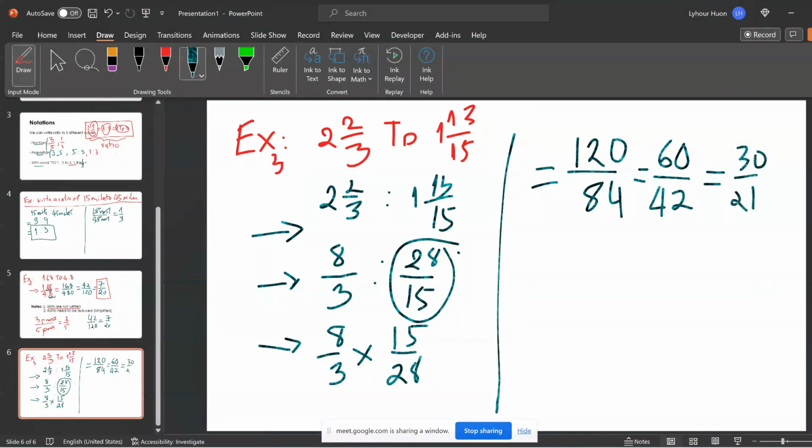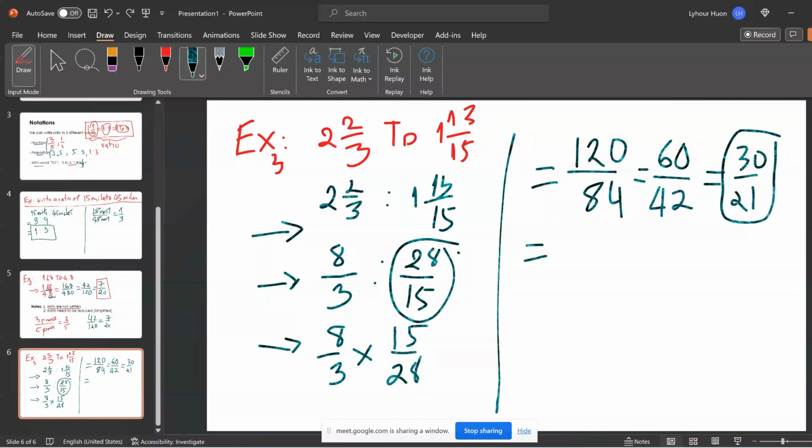And then we can simplify more. This is not in simplified form yet, so we can simplify more, right?